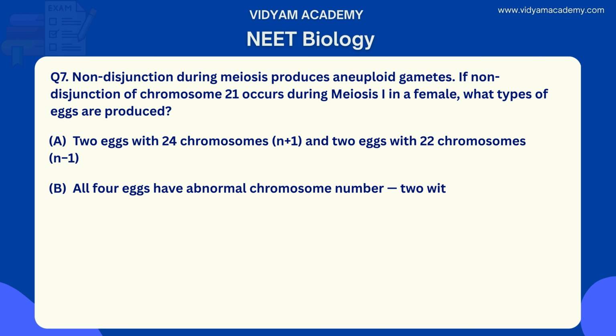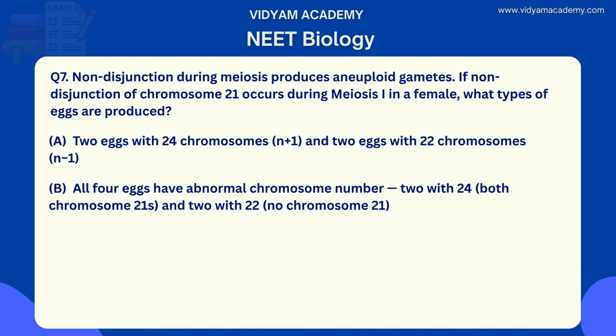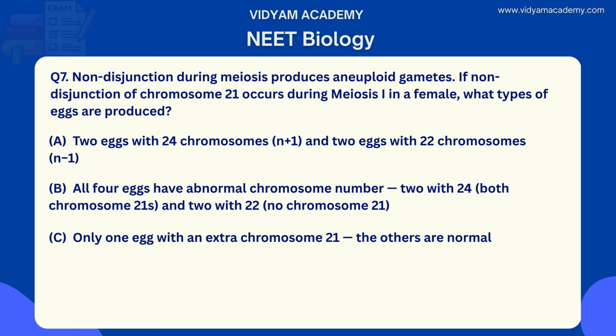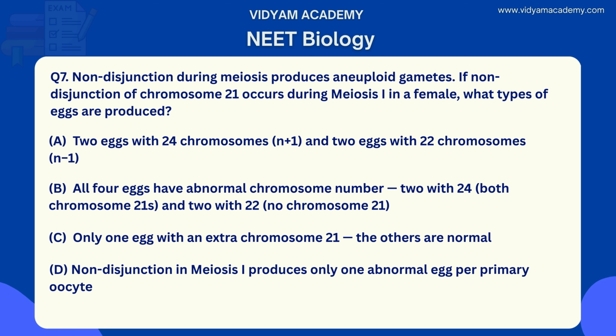Option B. All 4 eggs have abnormal chromosome number, 2 with 24 having both chromosomes 21s and 2 with 22 having no chromosomes 21. Option C. Only 1 egg with an extra chromosome 21, the others are normal. Option D. Non-disjunction in meiosis 1 produces only 1 abnormal egg per primary oocyte. What is the right answer?